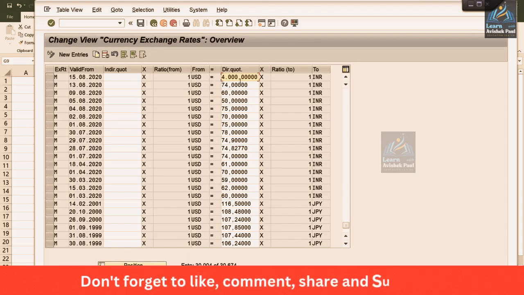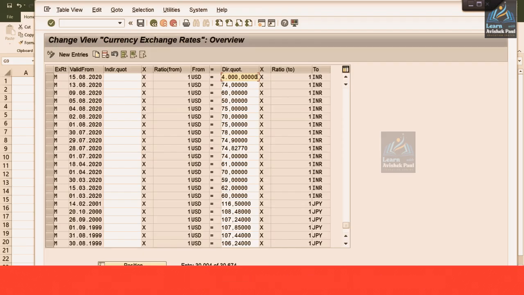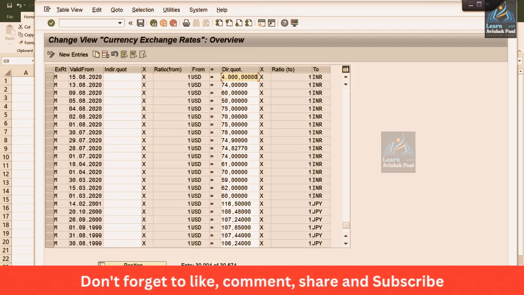Why? Because after 4 digits there should be some space, because for foreign currencies, after the decimal also you'll be having 5 digits. If somebody has any idea about forex trading and all, if you see the forex charts, after the decimal they specify 5-6 digits.